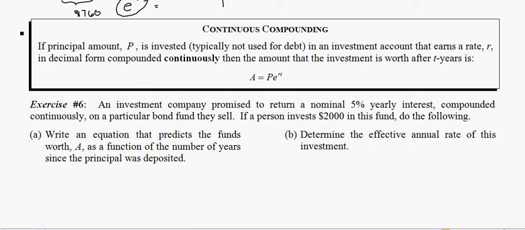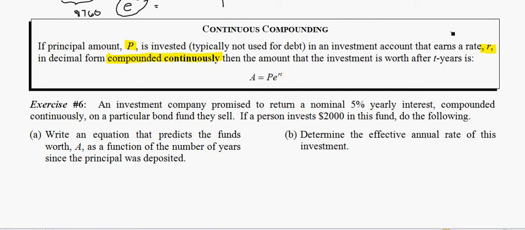Anyway, let's look at the equation. It's very famous. Let's highlight some important things. If we're told that we have a principal, an initial amount of money, put into an account that earns an interest rate r, which is really a nominal rate, and it's compounded continuously, then how much money we'll have in there after t years is given by the principal times e raised to the r times t.